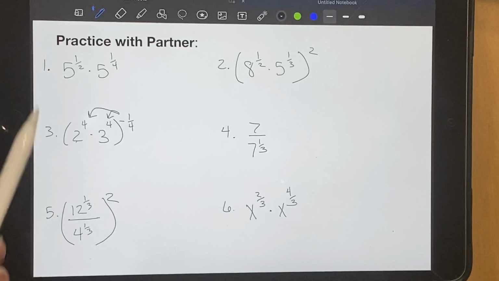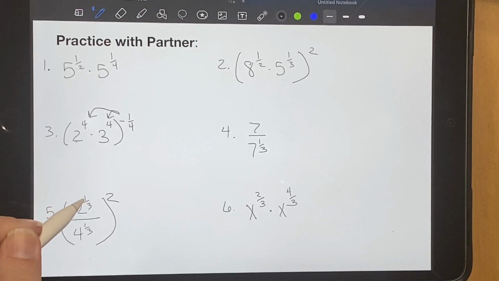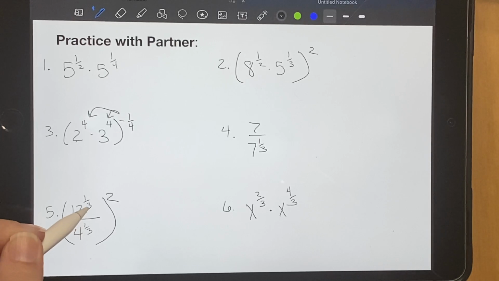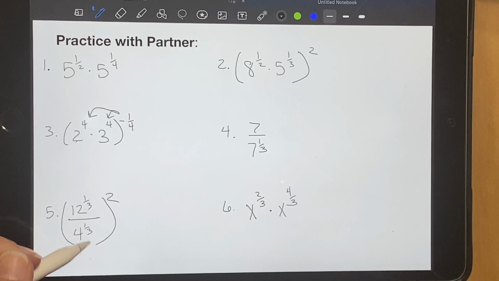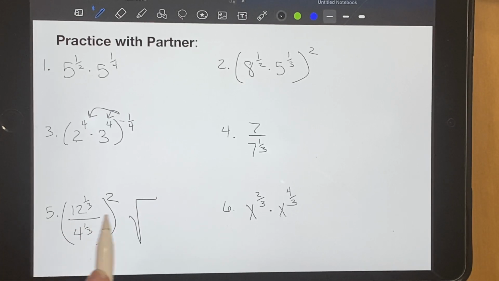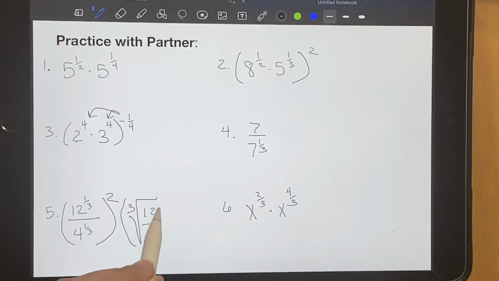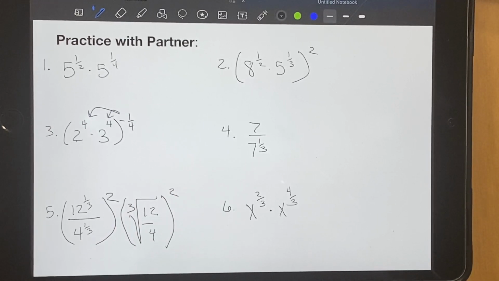So on number 5 here, they both have 1/3, so they both have the cube root as their index. And so we could rewrite this as 12 over 4 as a cube root. And this entire thing is now squared. Okay.